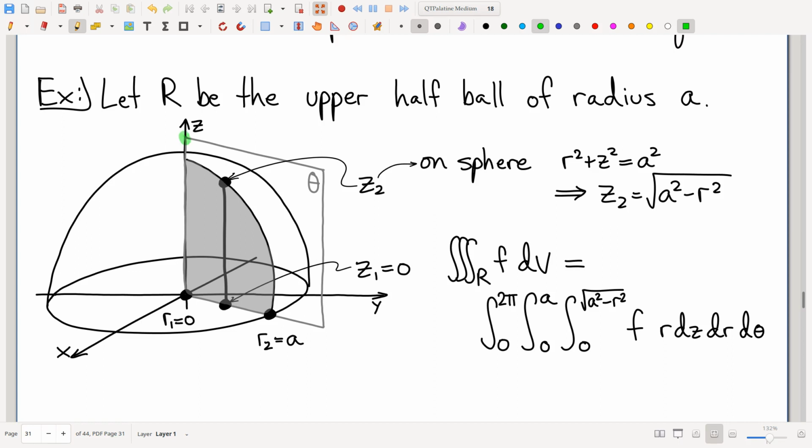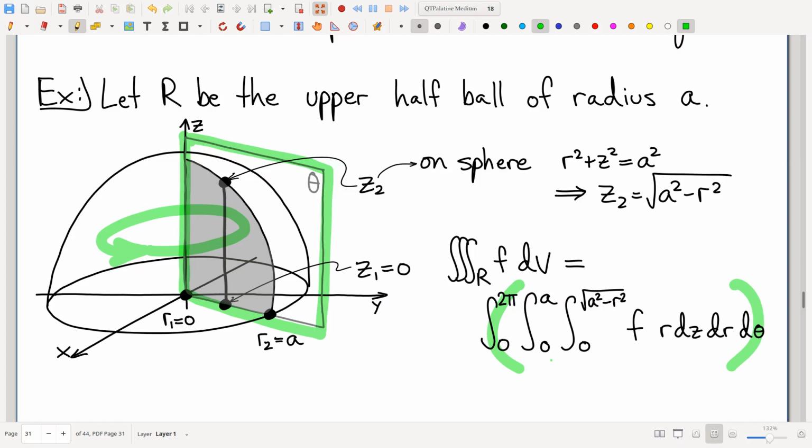And, well, theta, that's what a theta slice looks like. You look at our domain, this upper half ball, this solid half ball sitting on top of the xy plane, goes all the way around. So theta is 0 to 2 pi.